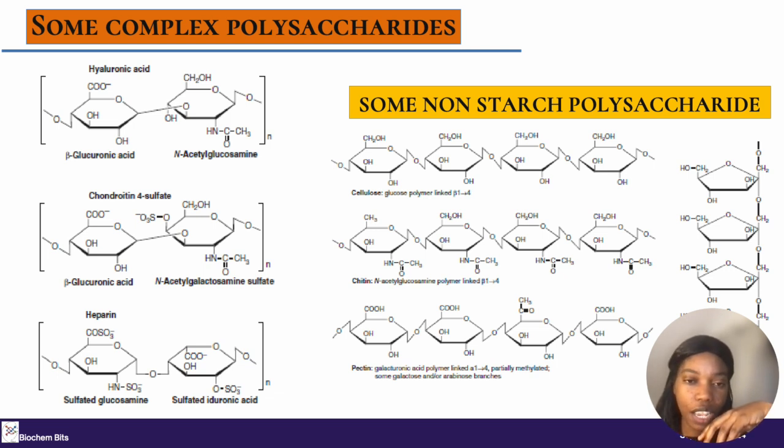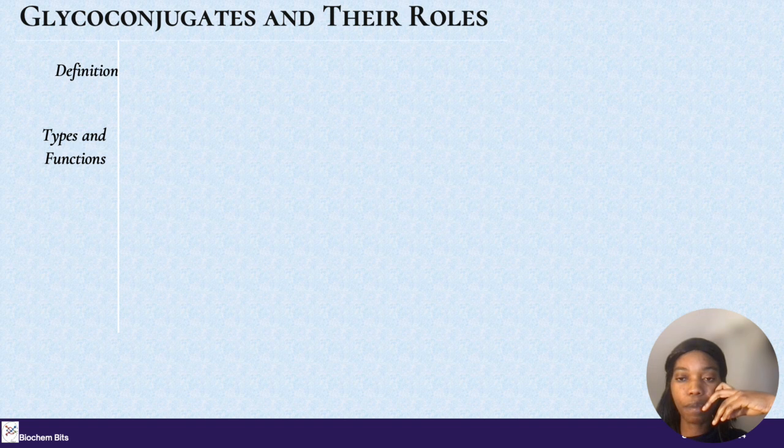If you look into the structure, it has this methyl group. This is what is responsible for the pectin structure. So this is inulin, and inulin also has this branched shape, which makes it function in some structural and storage function as well.